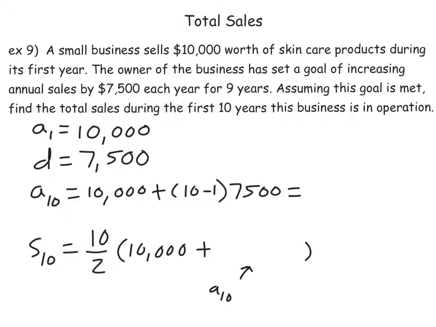We just use our sequence formula. And we get that it's $77,500. And that would go right here.